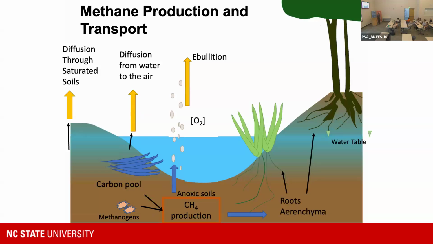Importantly for this talk is the role that plants can also play in transporting some of the methane produced in the soils and transporting it towards the atmosphere. Particularly wetland plants, they have these tissues called parenchyma that they use to transport oxygen from the atmosphere to the roots so that the roots can be alive.